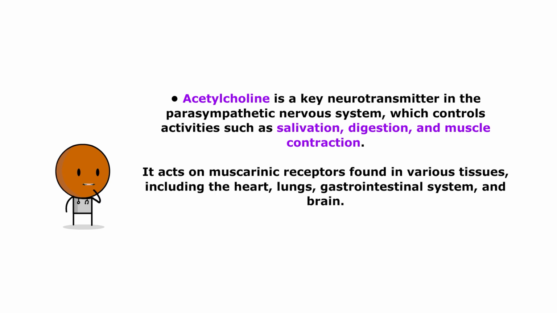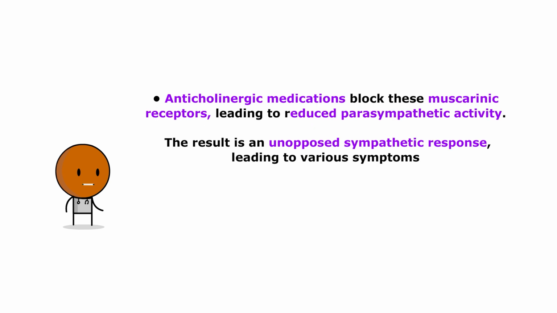It acts on muscarinic receptors found in various tissues, including the heart, lungs, gastrointestinal system, and brain. Anticholinergic medications block these muscarinic receptors, leading to reduced parasympathetic activity. The result is unopposed sympathetic response, leading to various symptoms that we'll discuss shortly.